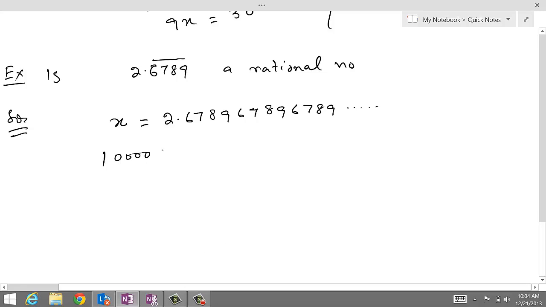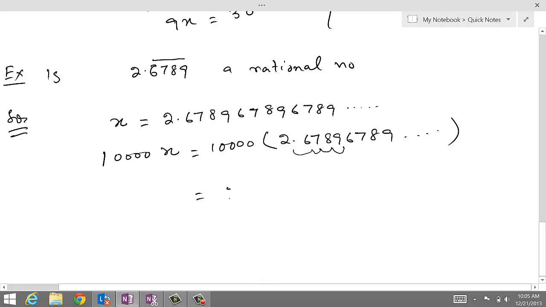So 10,000 times x is equal to 10,000 times 2.67896789 and so on. How many places will the decimal move? 1, 2, 3 and 4. So the decimal will move 4 places toward the right.